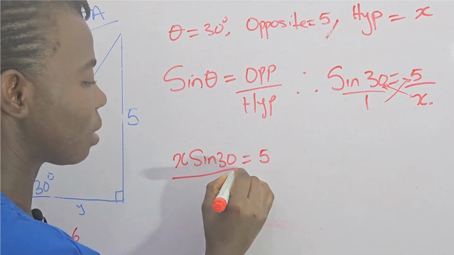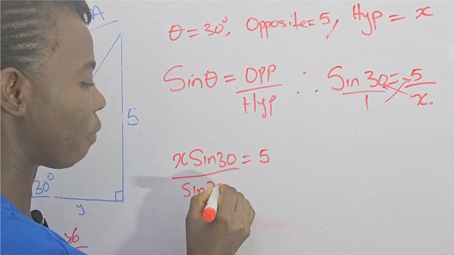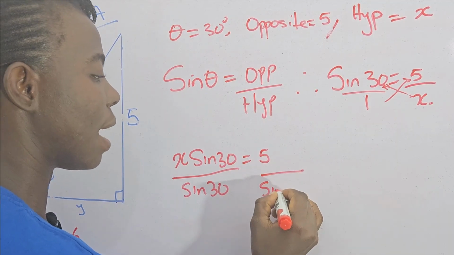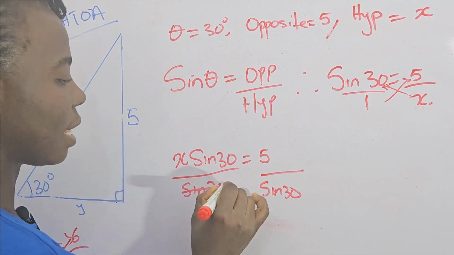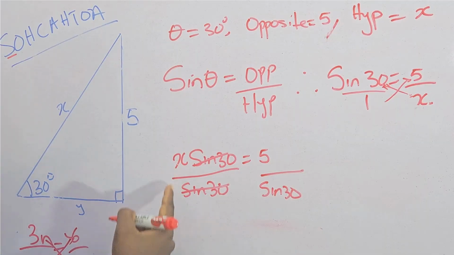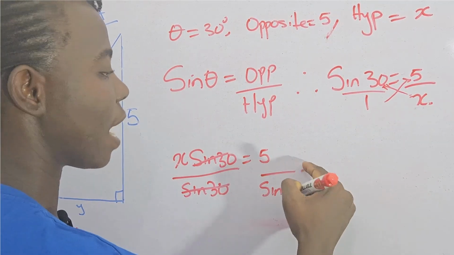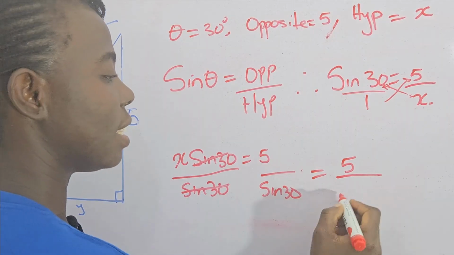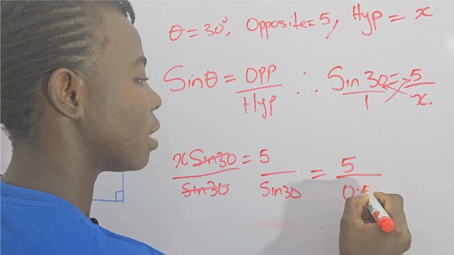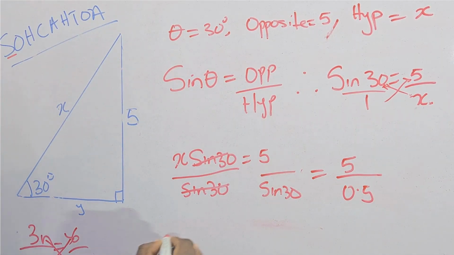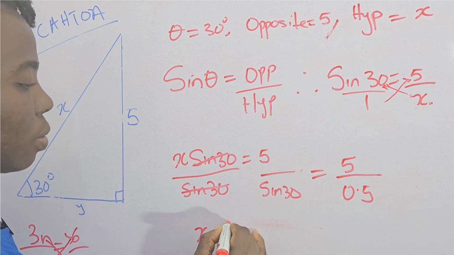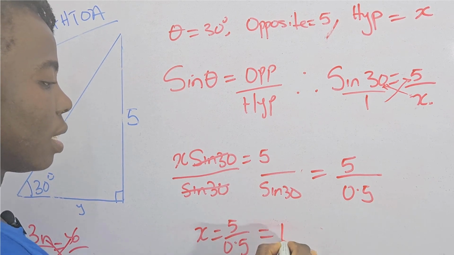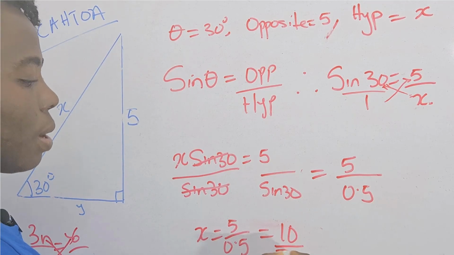So we divide this side by sine 30, and we also divide the other side by sine 30. Sine 30 divides sine 30, so this side remains just x. But for the other side, if you use your calculator, you discover that sine 30 is the same as what? 0.5. Is that okay? So our x equals 5 divided by 0.5, and that gives us 10 as our x.